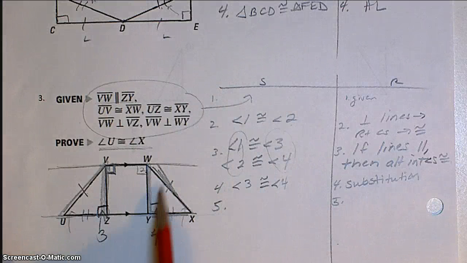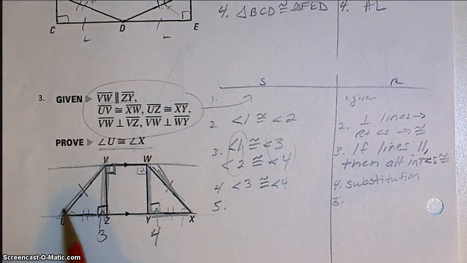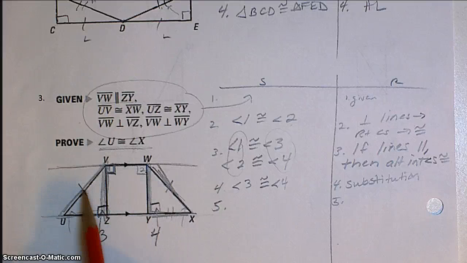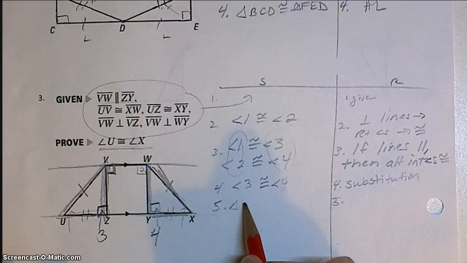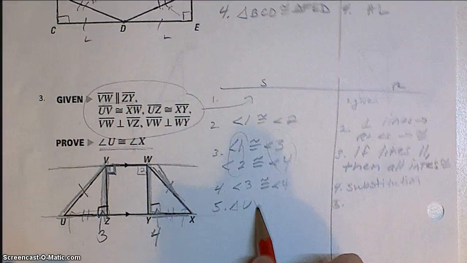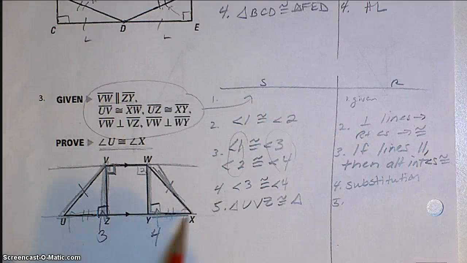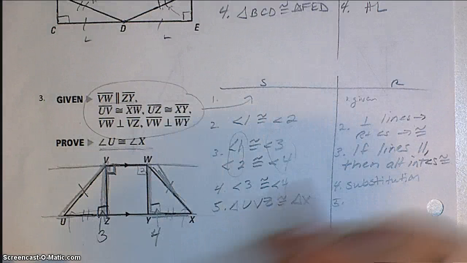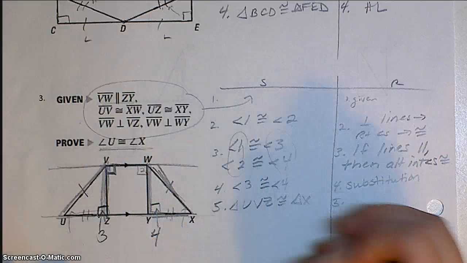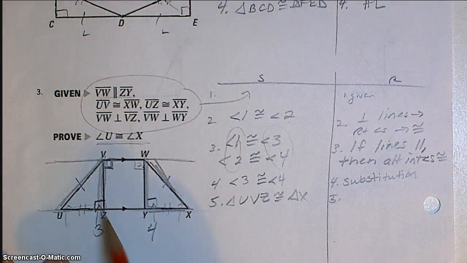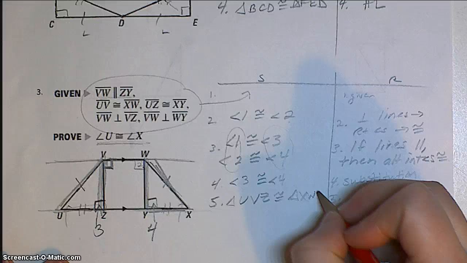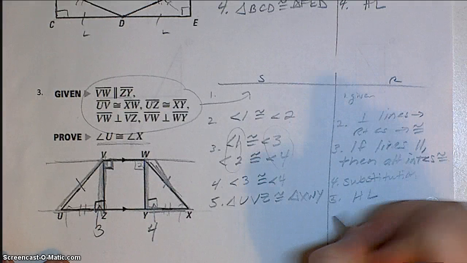And if 3 and 4 are the same, we've got right triangles with hypotenuses matching up and legs matching up. So triangle UVZ, U matches up with X, V matches up with W, and Z matches up with Y by HL.